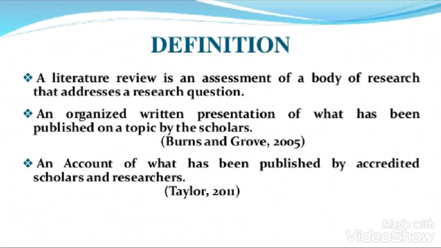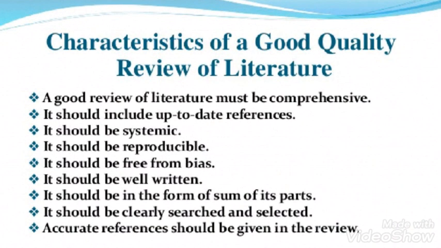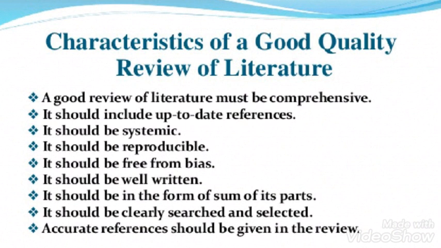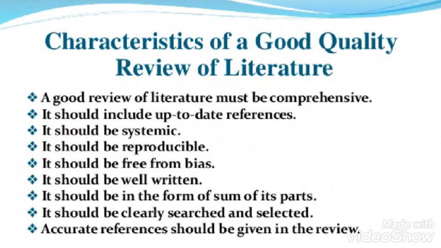Then we'll see the characteristics of a good quality review of literature. A good review of literature must be comprehensive. Comprehensive means that whatever research study you are doing, it can be 100 pages, 500 pages, 1000 pages, but at last your study has to be comprehensive.